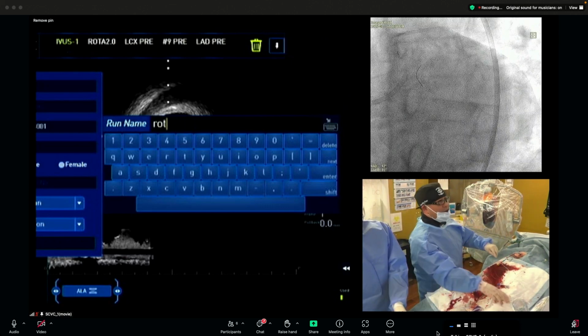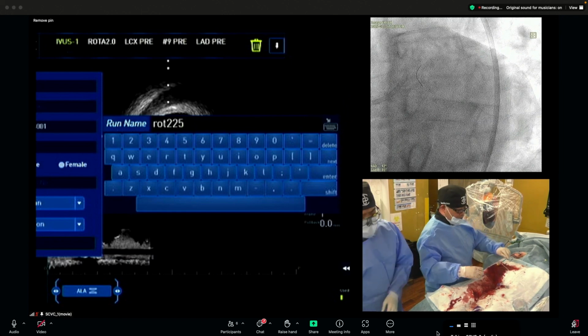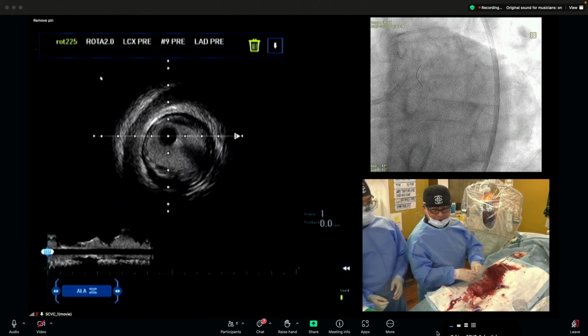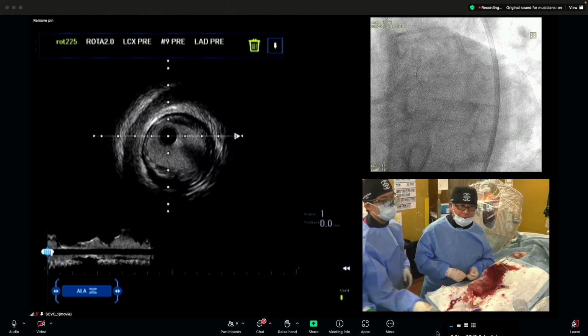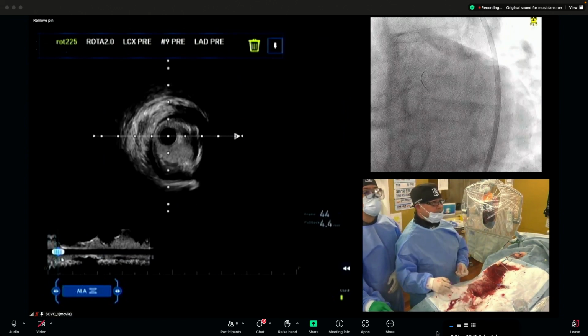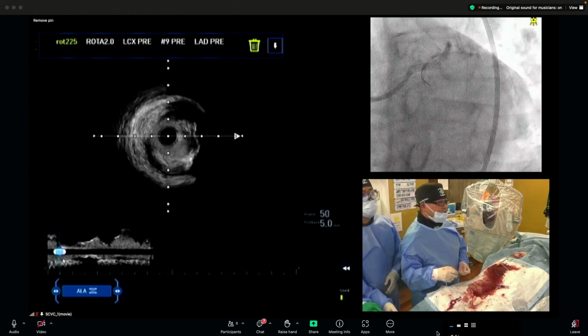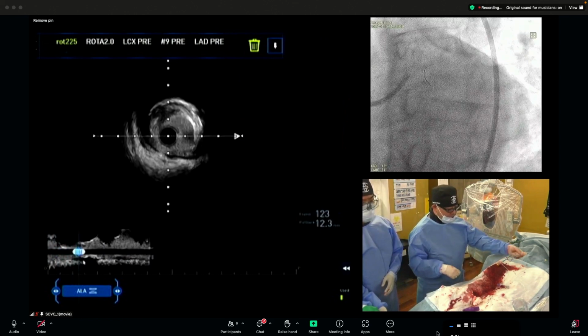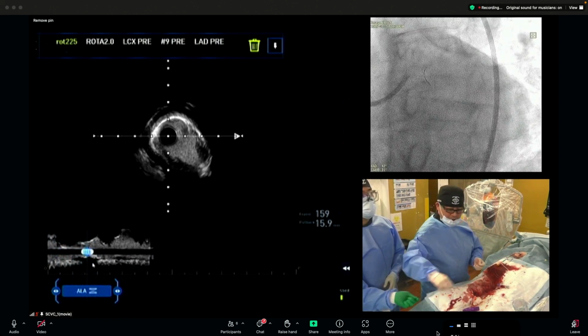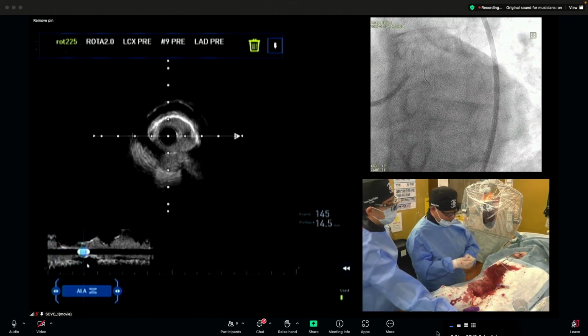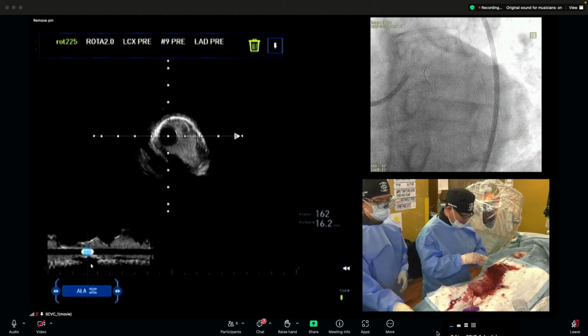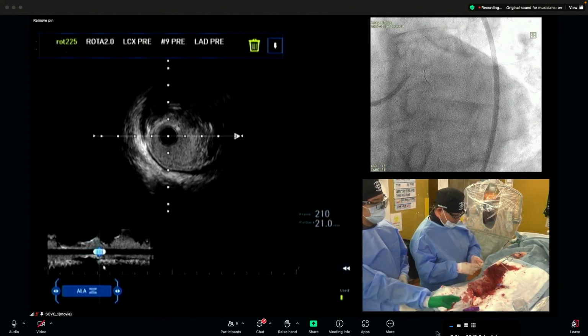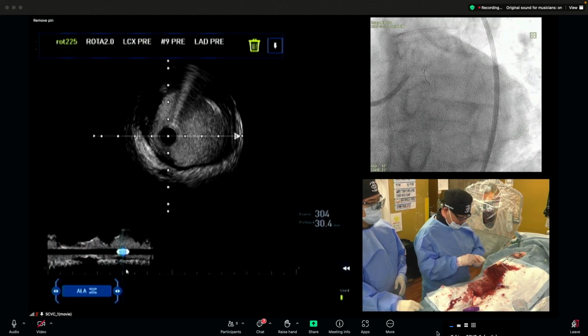So today I chose 2.25 for the proximal side. And so some commentators ask me about the risk of rotablation with a larger bar.